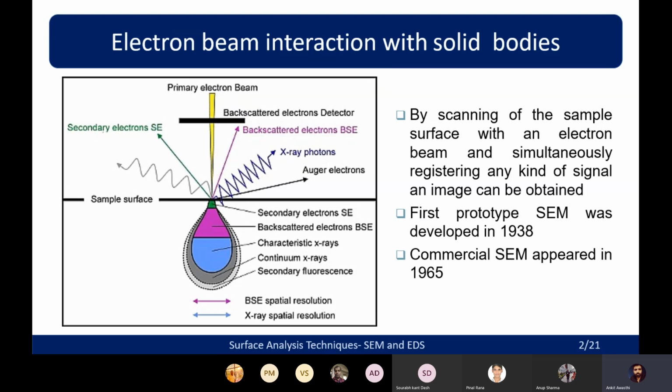To fill that vacancy, electrons from a higher energy level come to that level, and during that process they emit X-ray photons, whose energy is equal to the difference of energy between the higher energy level and the lower energy level to which the electron came to fill that vacancy. So this is the main basic process we are going to study today.